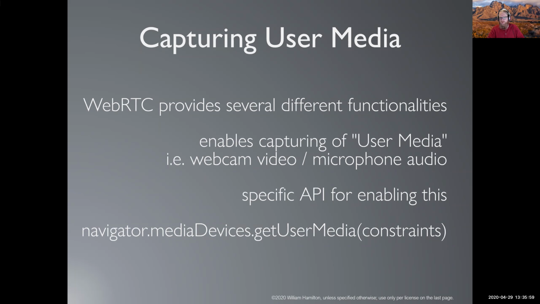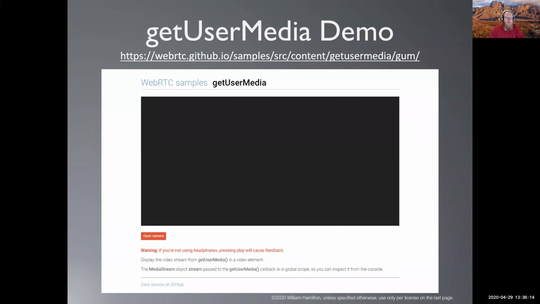So WebRTC provides this API, specifically this navigator.mediaDevices.getUserMedia API call at the bottom, which will give you access to these devices. So there's a quick demo I'm just going to run through to show you how this works.